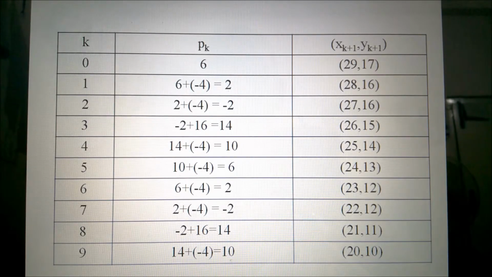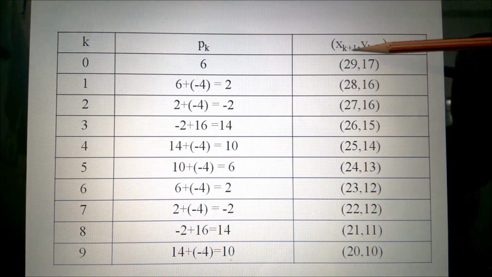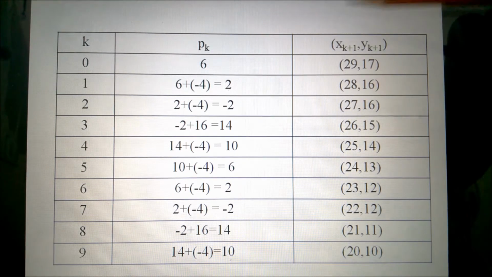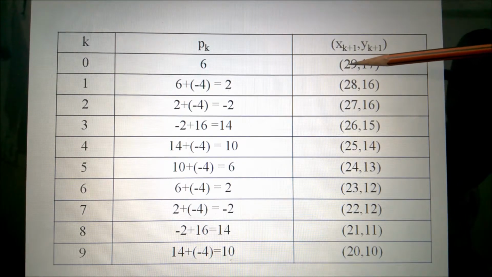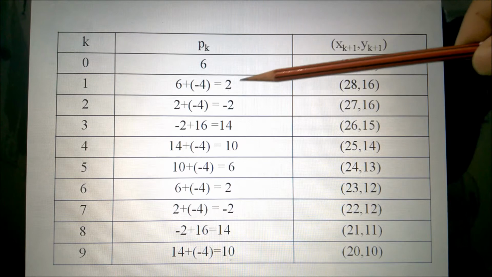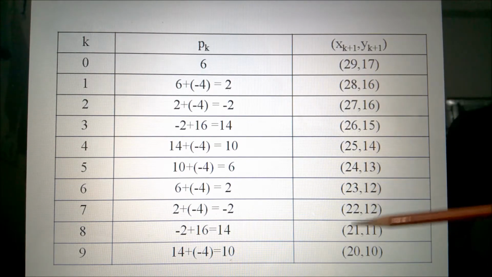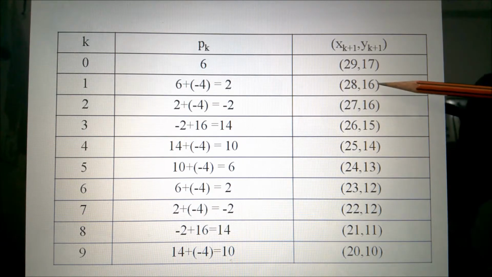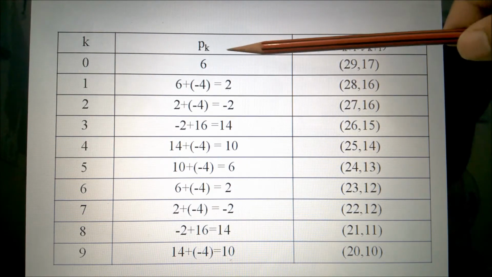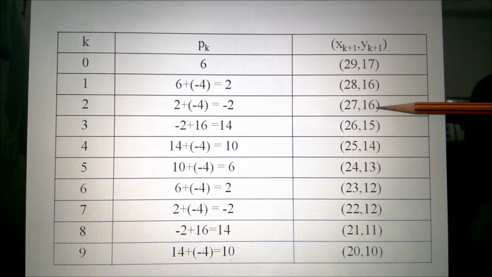Next we go to the table, and you can see here when pk is positive, x is decremented. The initial point was 30, now it has become 29, and y is also decremented. It was 18, it has become 17 now. Therefore, x is compulsorily decreasing every step, but y decreases whenever pk is positive, and whenever it is negative, it remains the same.